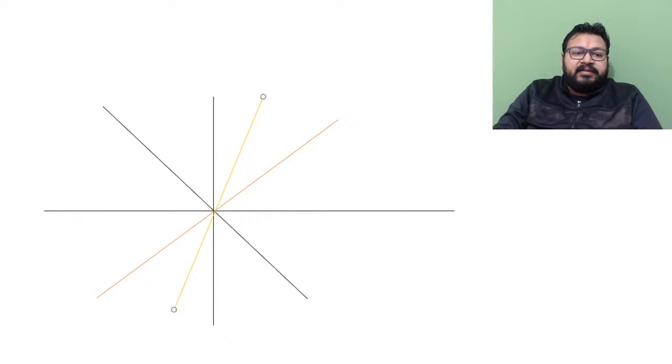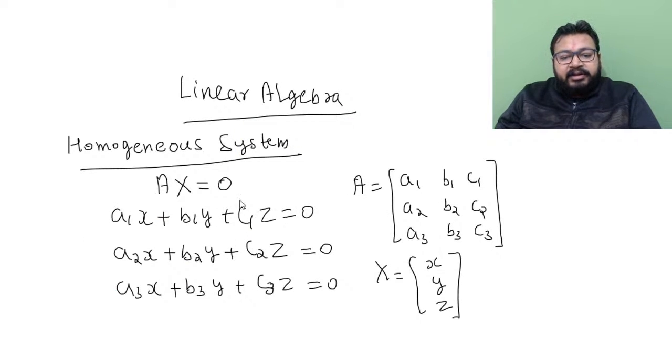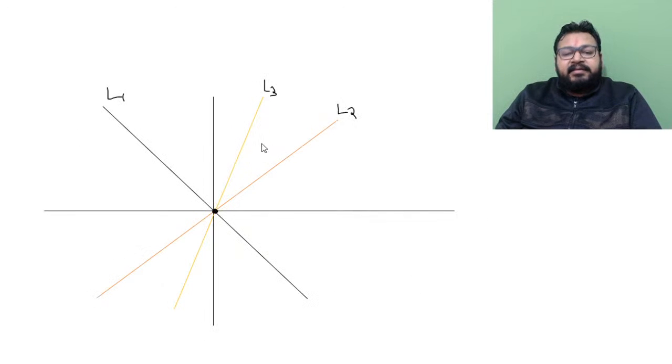So for example, these are the three lines. All the three lines are passing through the origin. It's a 2D. When x, y, z are all there, it becomes a plane. I'm not showing a plane here. I'm just telling you with the help of a 2D diagram, that is lines.